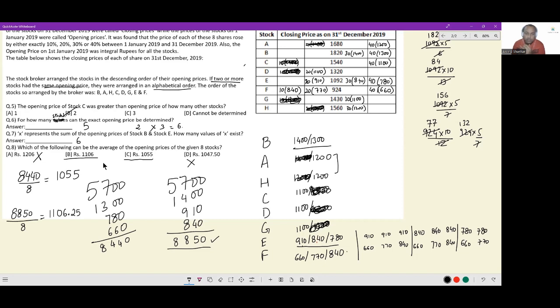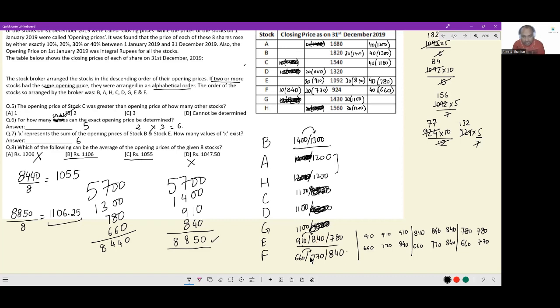How I can rule out 1106 is, see, this is the maximum possible average. For this maximum possible average, the next average that can be obtained will be obtained when either B turns to 1300, or E turns to 840, or F turns to 720.